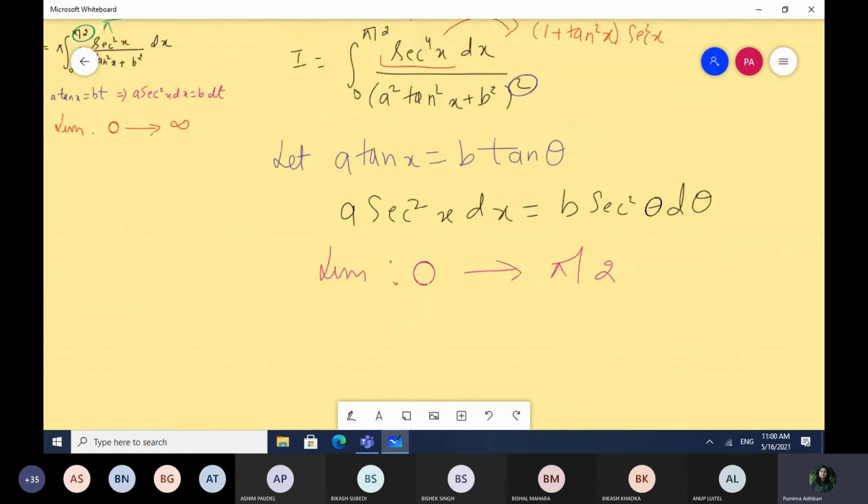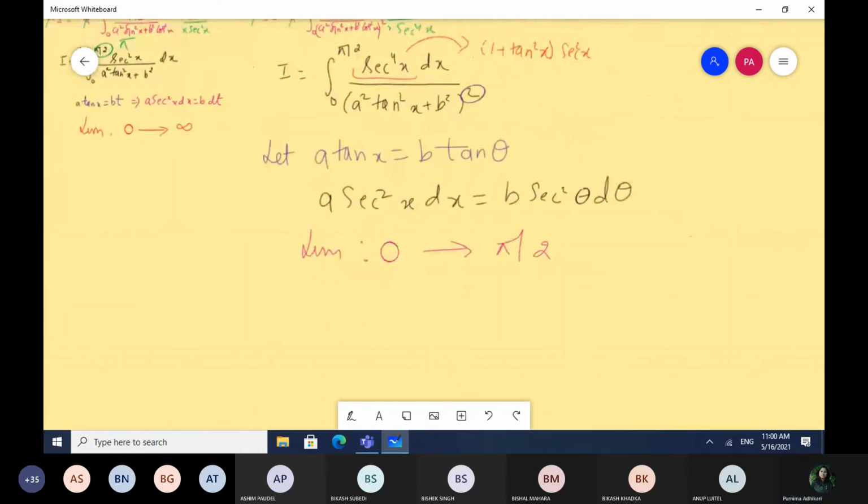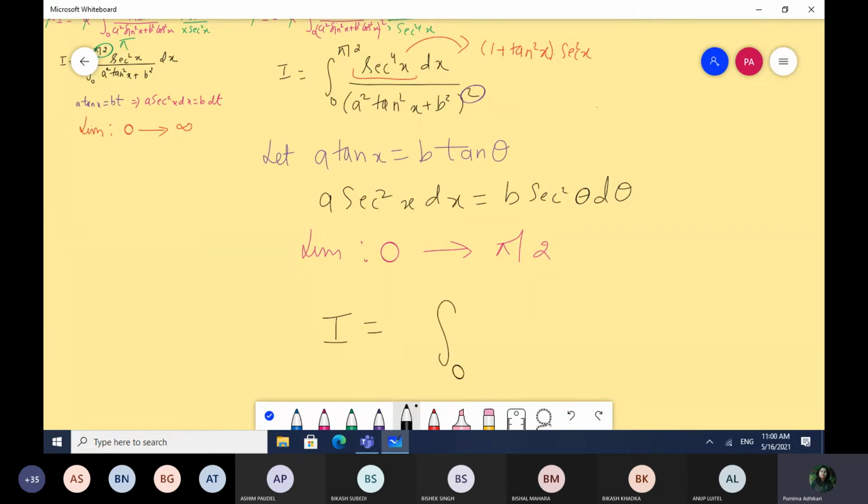Okay, so what is your new integral? Your new integral will be I, 2 cancel out भइसक्यो. Okay, so I equals 0 to pi by 2. We have changed this n to this expression a 1 plus tan square x.